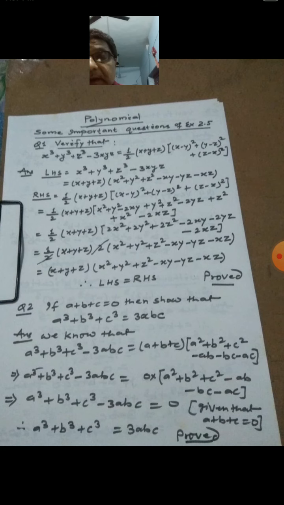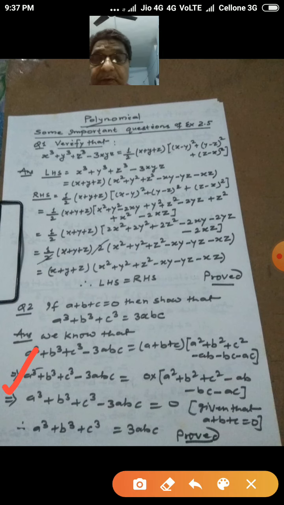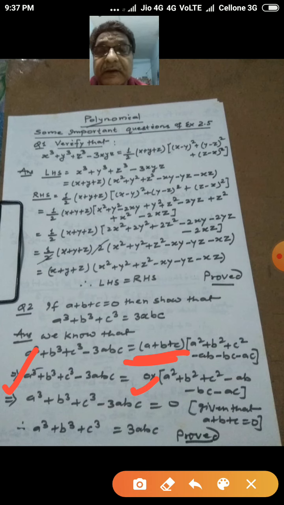Now in the second step, a cube plus b cube plus c cube minus 3abc is equal to, in place of a plus b plus c we put 0 because it is given. So 0 into bracket a square plus b square plus c square minus ab minus bc minus ac.